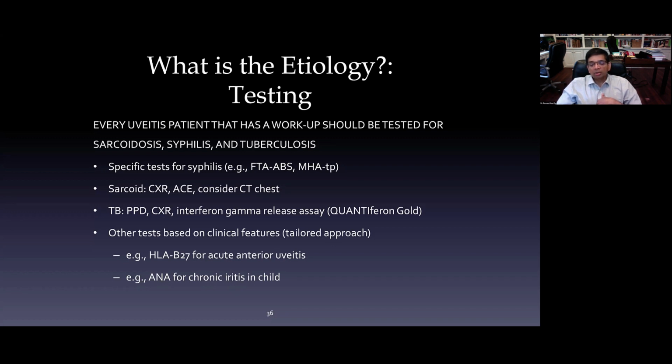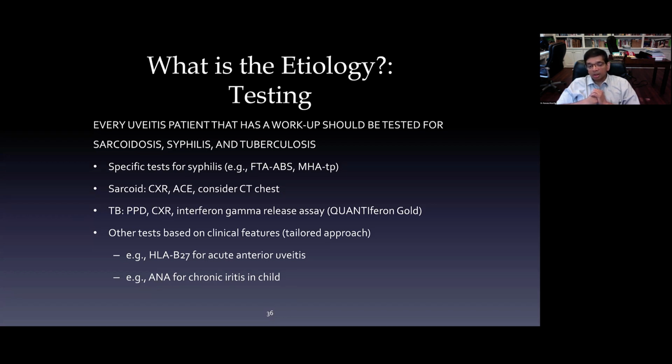With TB, typically in the United States, we've been using interferon gamma release assays because we're non-endemic, but in endemic areas, I still think IGRAs, or interferon gamma release assays, are very helpful, QuantiFERON-Gold, et cetera. But we also still do PPD skin testing, and a chest x-ray is of course very valuable to show if the patient has a Ghon complex or previous scarring related to tuberculous pulmonary disease.